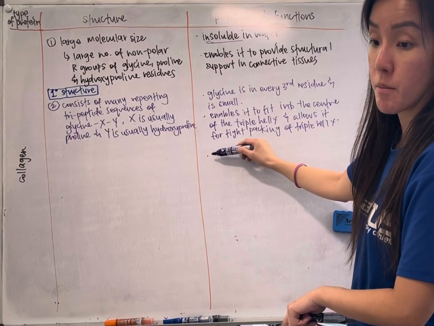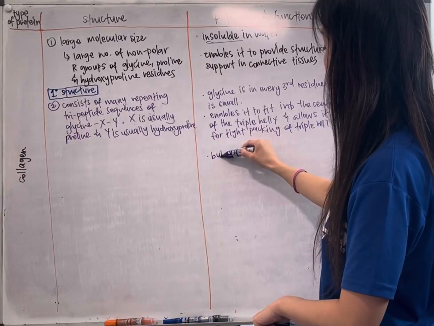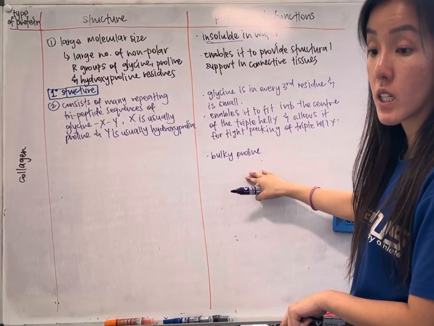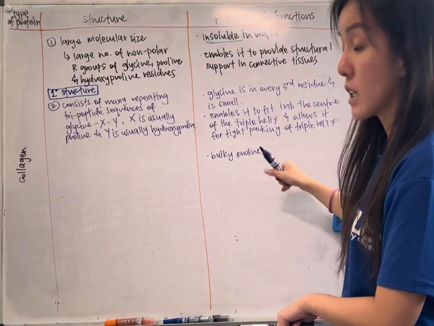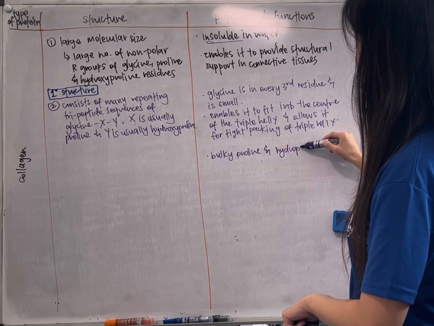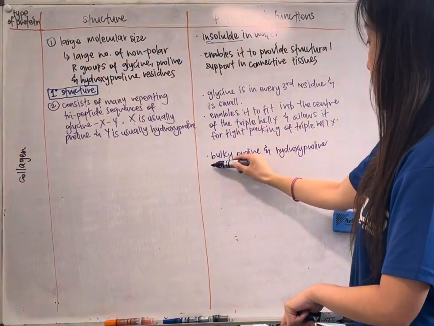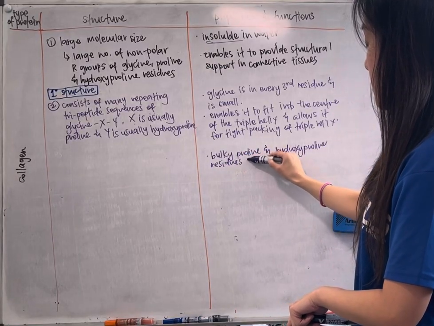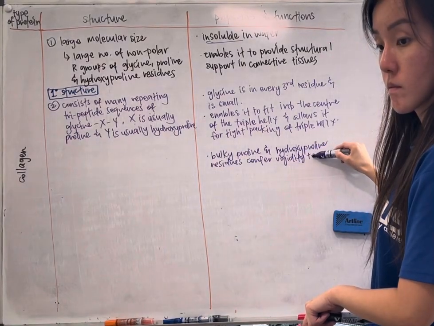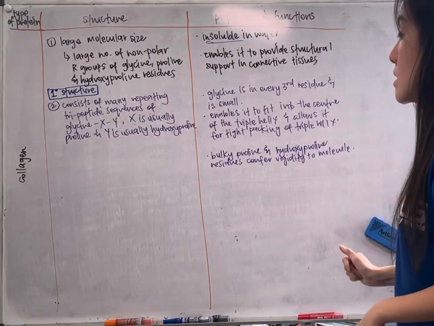Proline and hydroxyproline are bulky, so they confer rigidity to the molecule as well, because you should know it will later form cross-links via covalent bonds. Okay, so again, this is important.